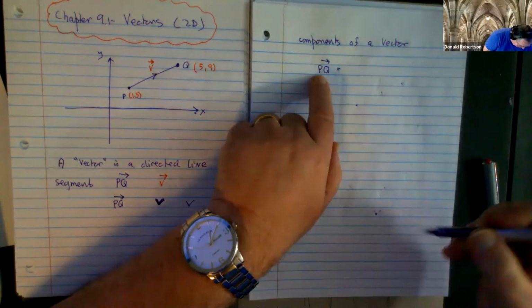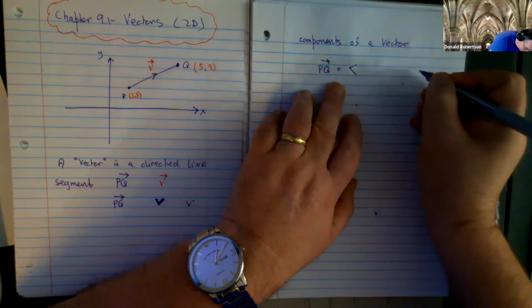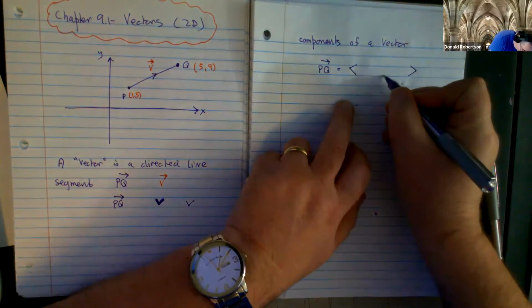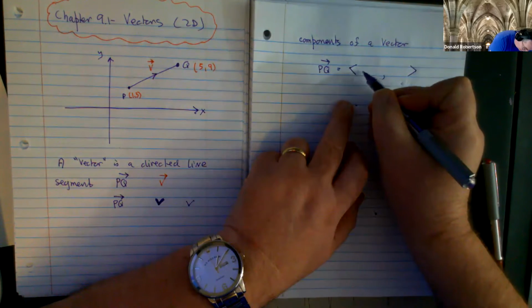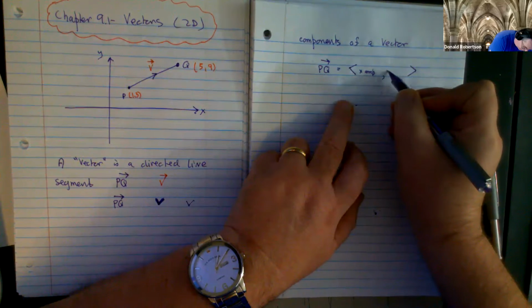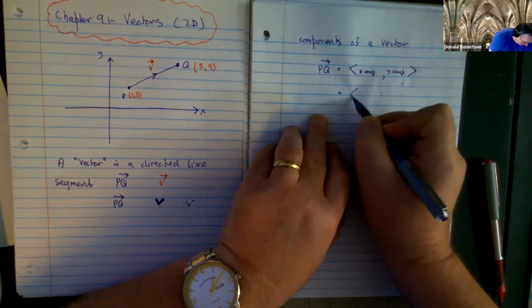Then the vector PQ is written with funny little brackets, and there are 2 numbers: a number going here called the x component, and a number going here called the y component.